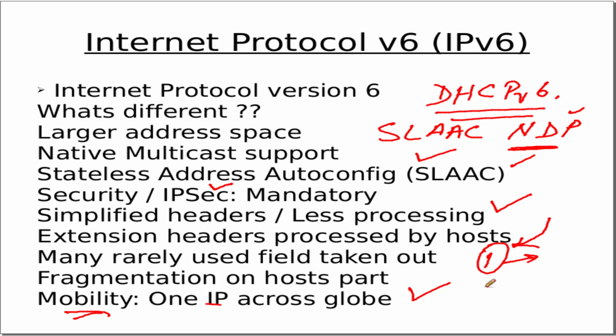In the IPv4 scenario, if you've got an IPv4 address in one location or through one ISP, you cannot use that IPv4 address with another ISP. You have to change it, and if you are running a server on that IPv4 address, you need to change the server's IPv4 address, and you have to tell whatever applications are using it that the IPv4 address has been changed. But in the case of IPv6, that address may remain unique no matter where you go around the world.